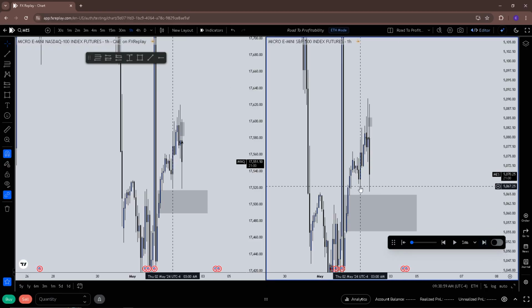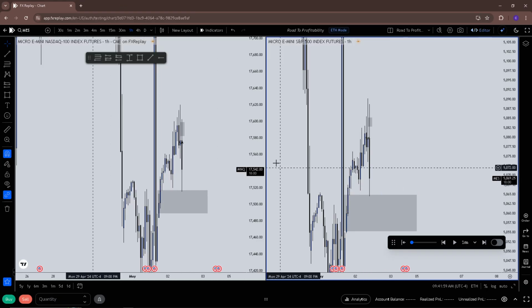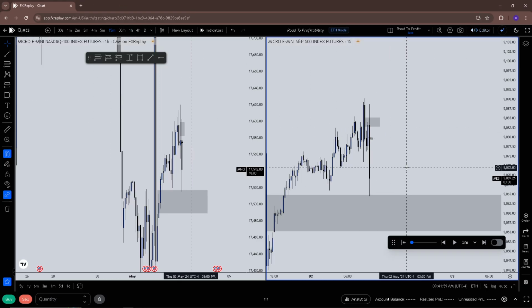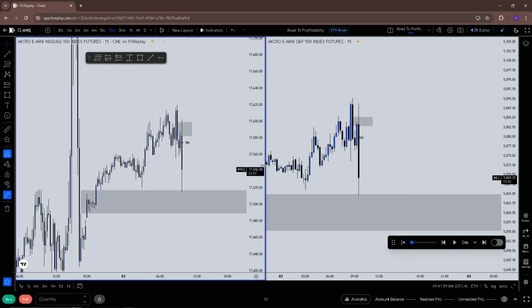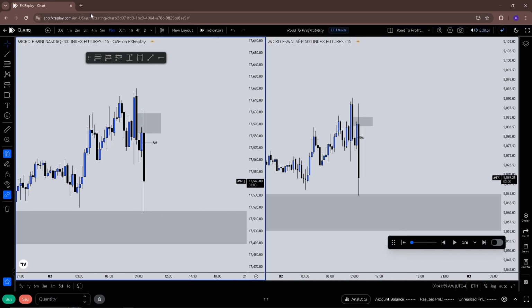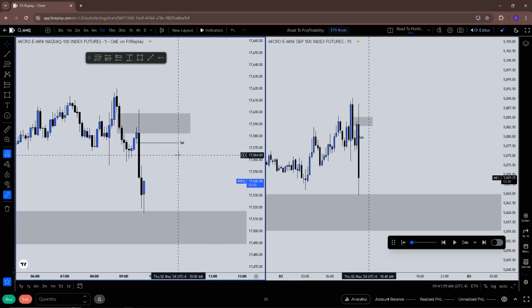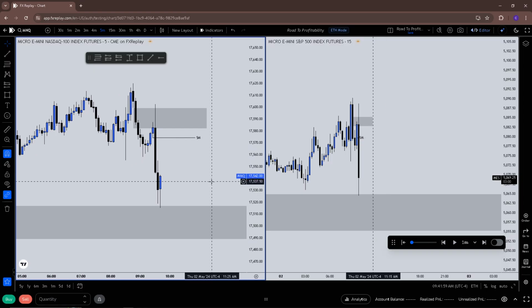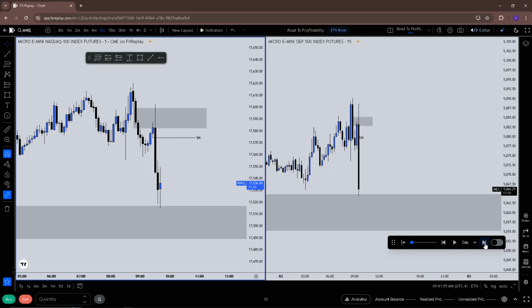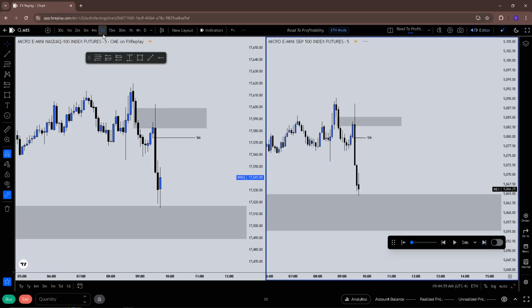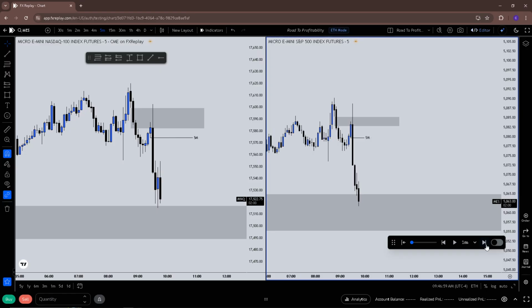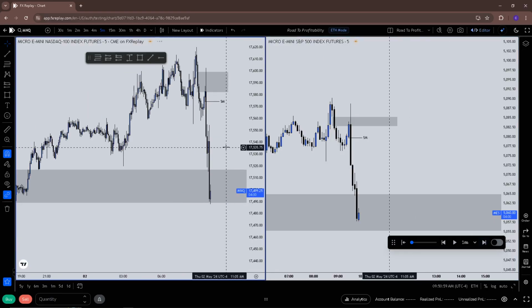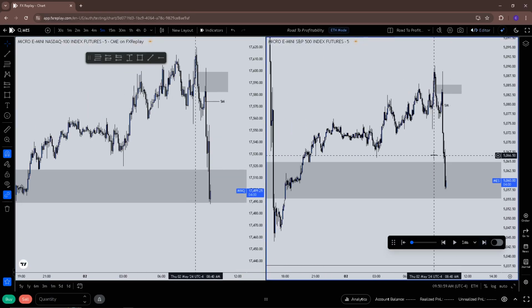We both get sweeps of these lows. Haven't tapped into the hourly. Now we did tap into the hourly on both time frames. No tap into the 5 minute. Still inside of this hourly fair value gap.